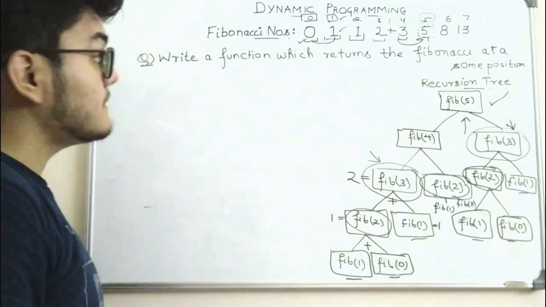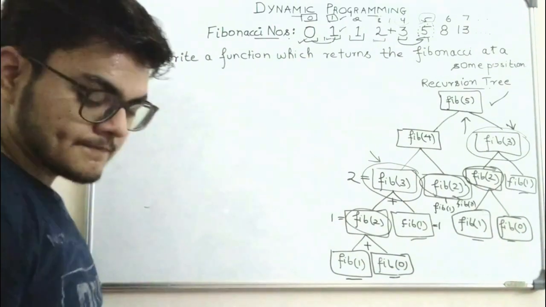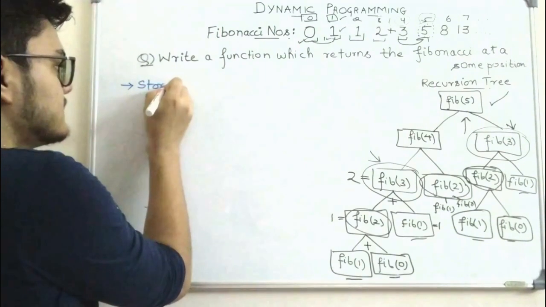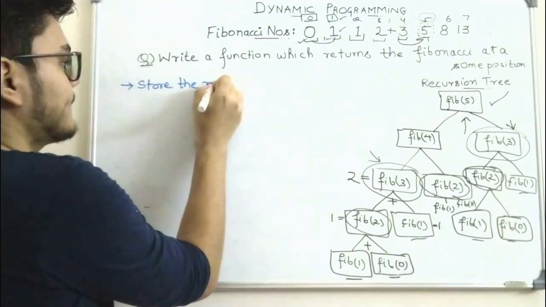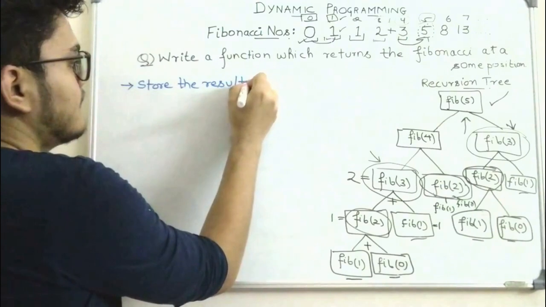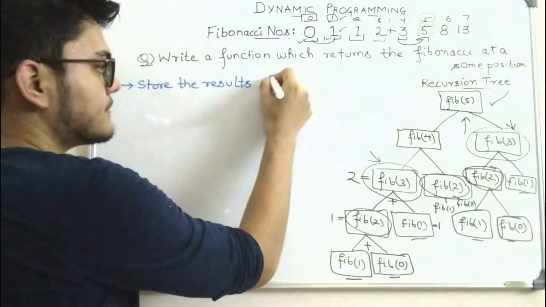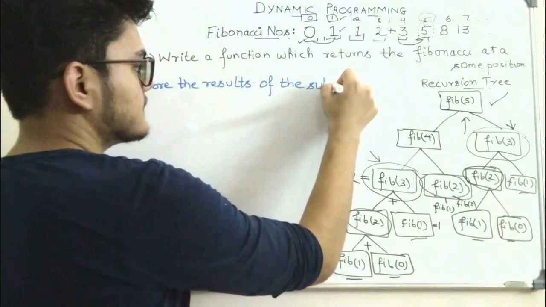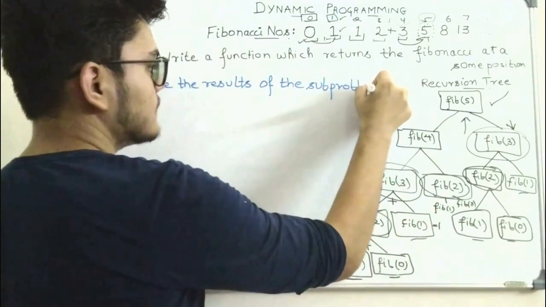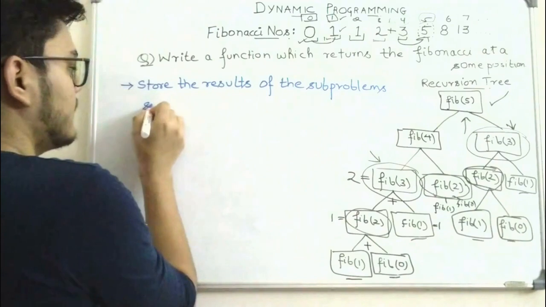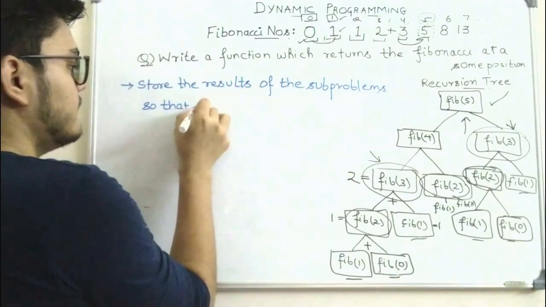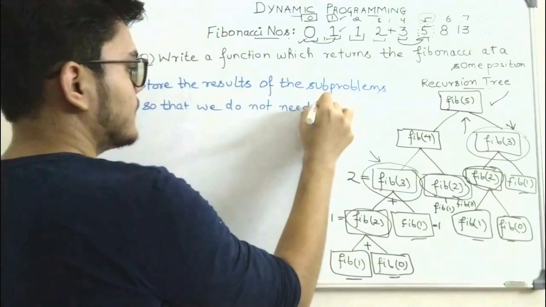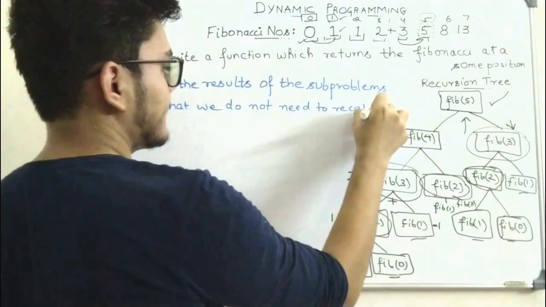So the very basic idea of dynamic programming is to store the results of the subproblems so that we do not need to recalculate it again.